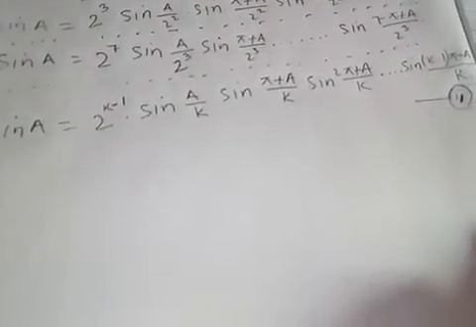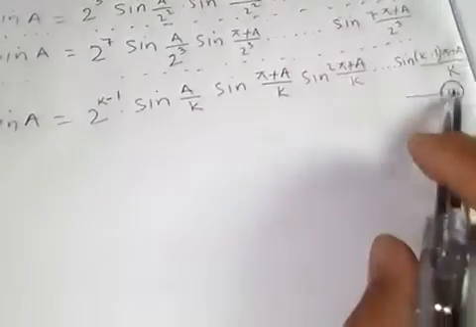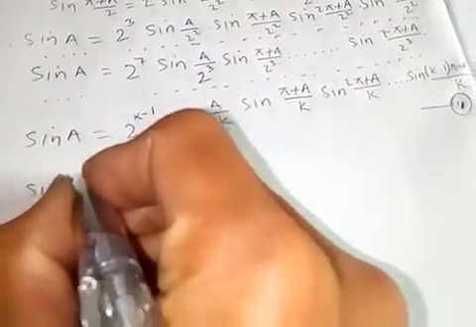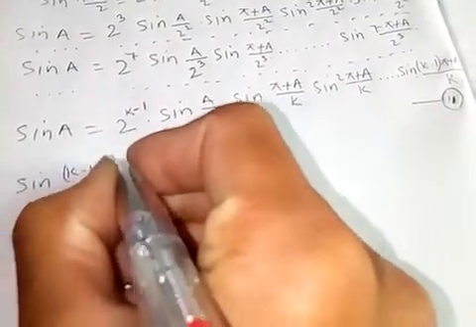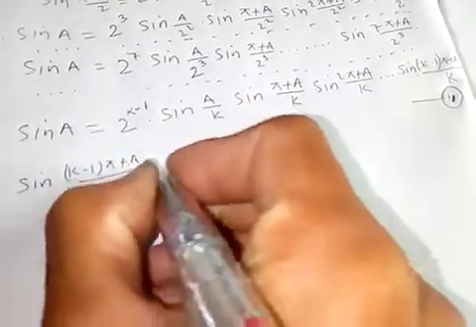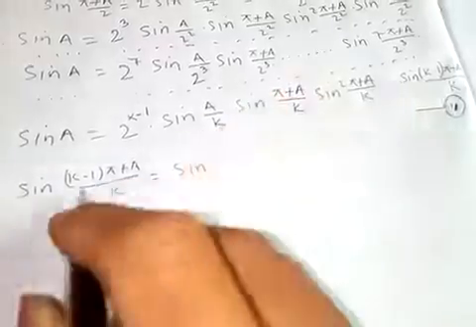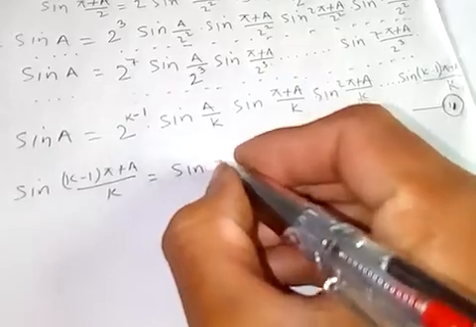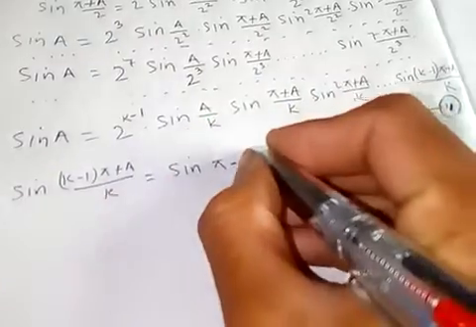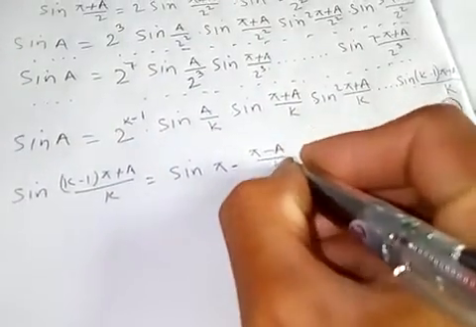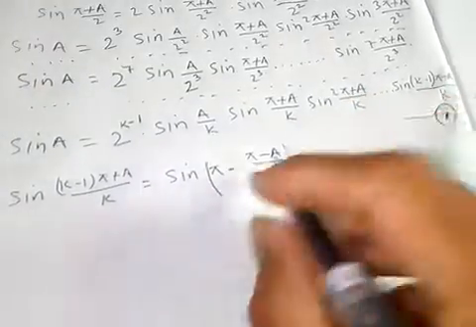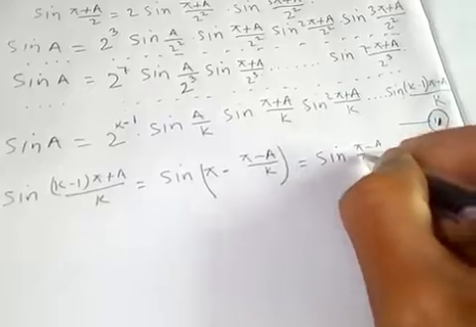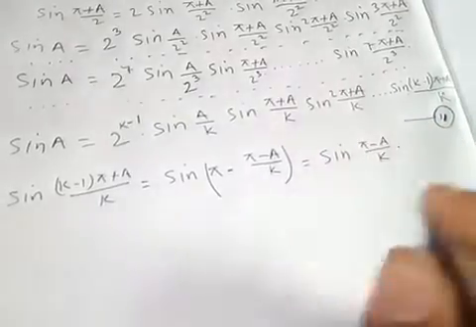Now if you take the last term of this equation, sine of k minus 1 pi plus A over k, if I simplify this, multiplying k pi and dividing by k, it will be sine of pi minus A over k. We know sine of 180 minus something is sine of that angle.